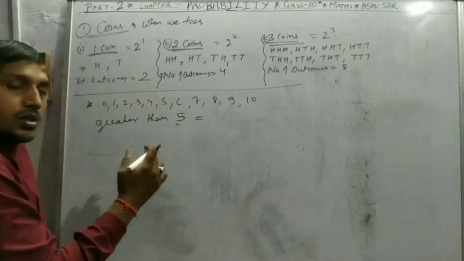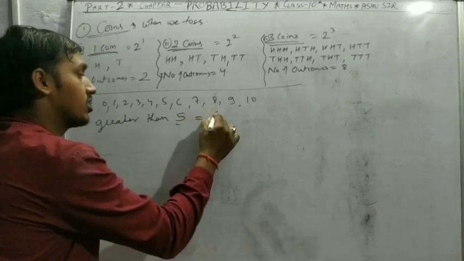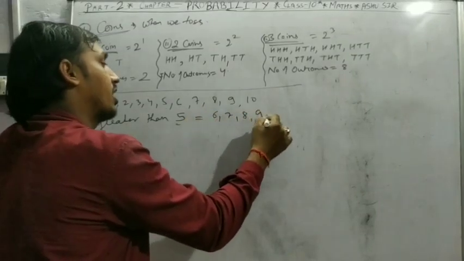Greater than 5 means more than 5, so that is 6, 7, 8, 9, 10.